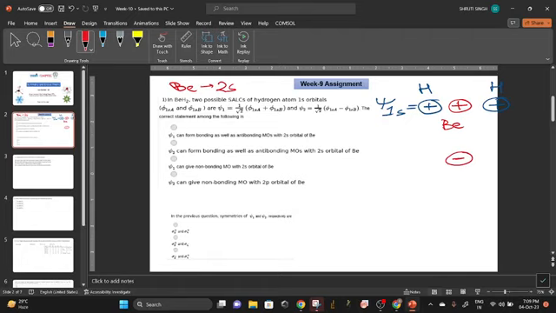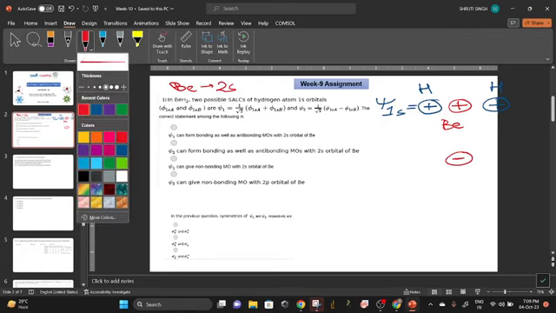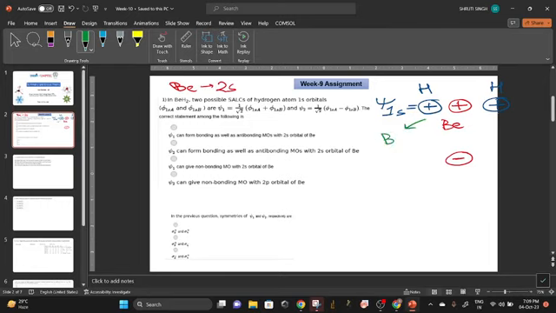When it is the plus combination, this will form a bonding orbital, and when it is this plus minus plus combination, this will form the anti-bonding orbital.